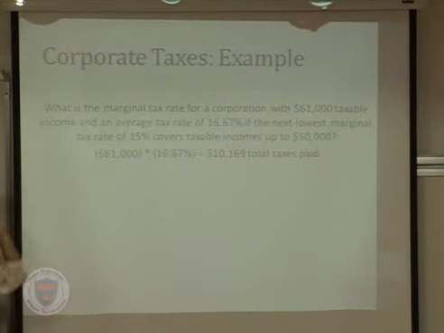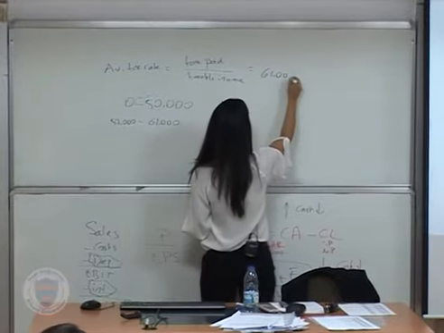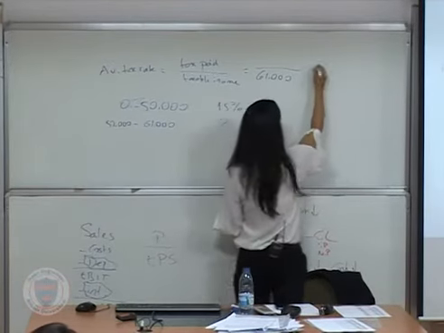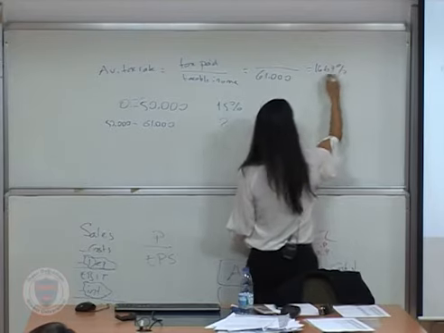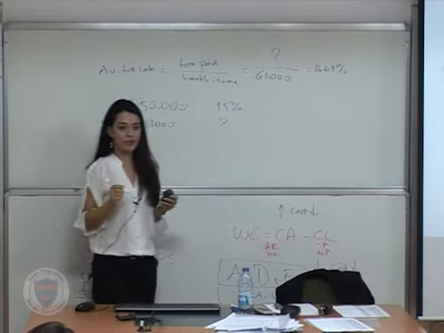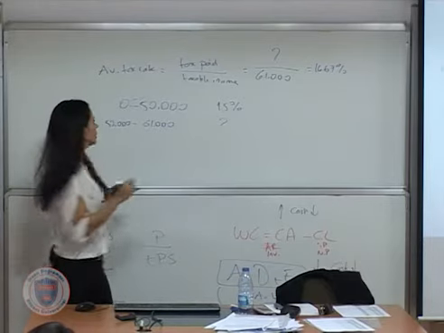So overall, for this company, the taxable income was $61,000 and the average tax rate was 16.67%. From here, I can calculate how much tax this company paid.